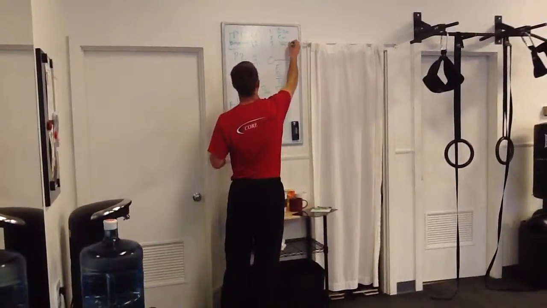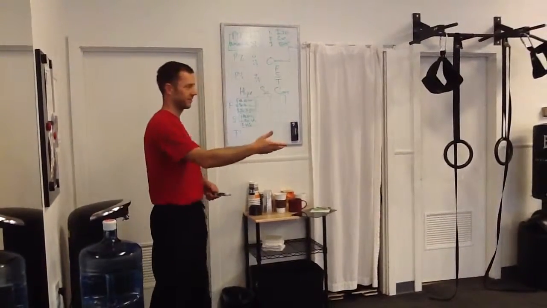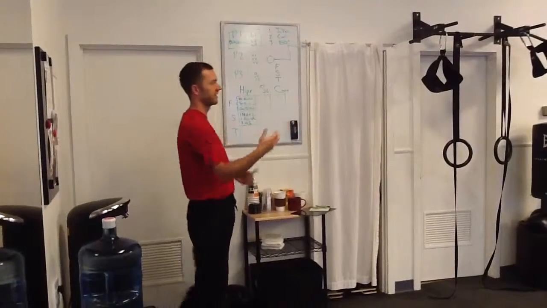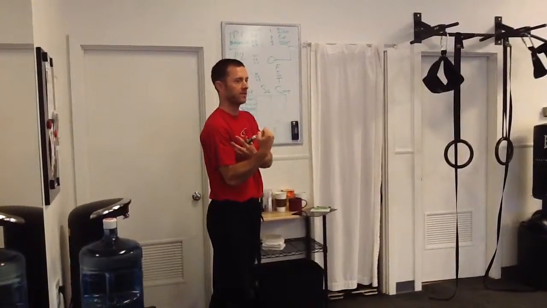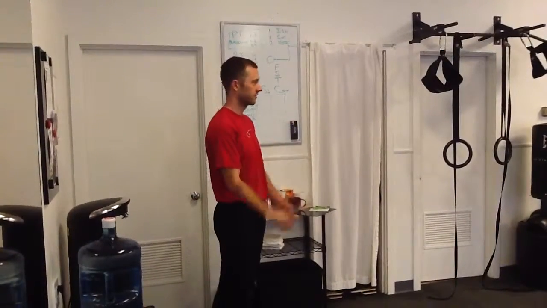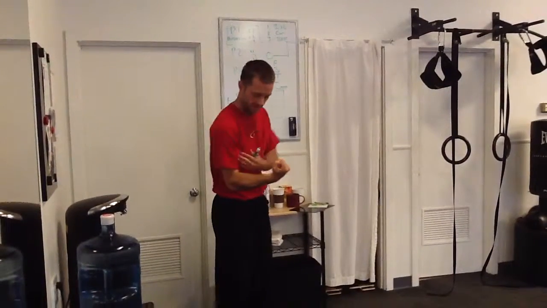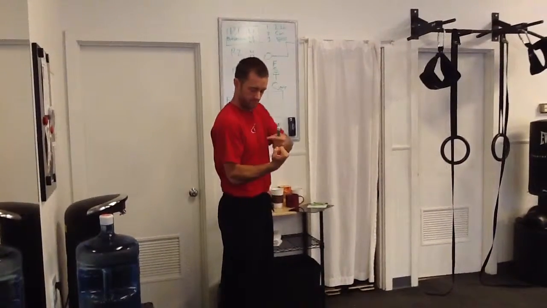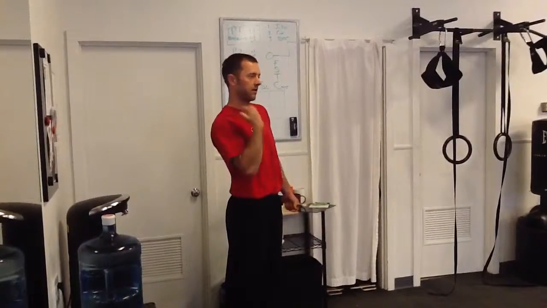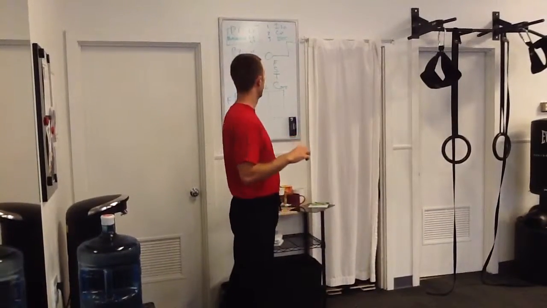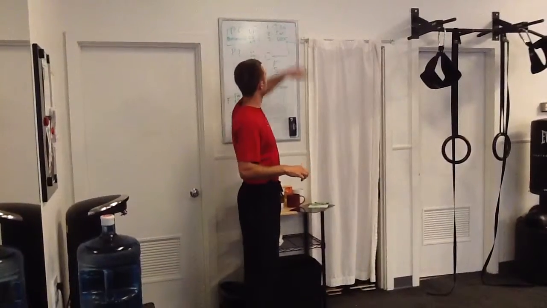Isometric is exactly what you just said, and exactly what Sherry did. It's muscle tension, but there's no movement either direction. So if I'm doing bicep curls and I just hold it there, that's working, but I'm not going up or down. Okay, that's isometric or static.